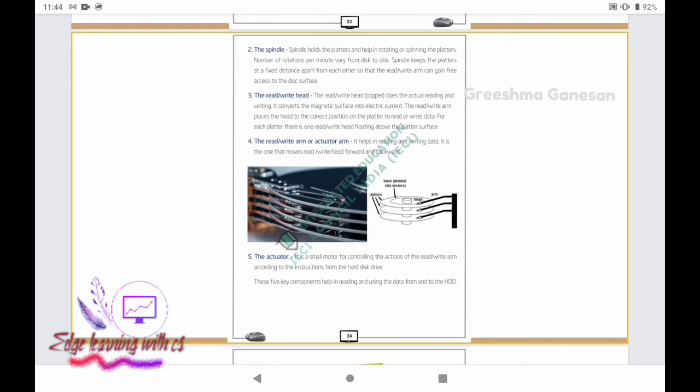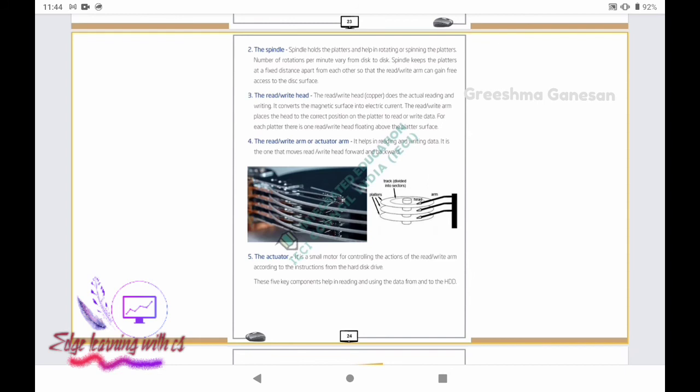The read-write arm places the head at the correct position on the platter to read or write the data. For each platter, there is one read-write head floating above the platter surface. So we have the read-write head here, which is created with the help of copper, and it is converting the magnetic surface to electric current.